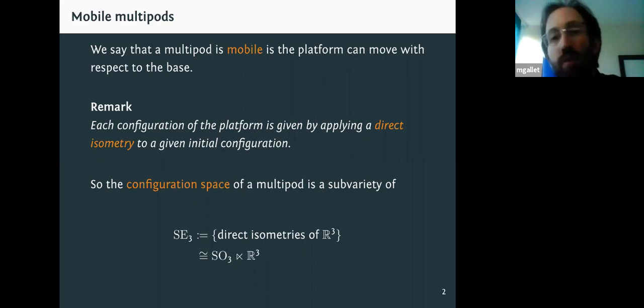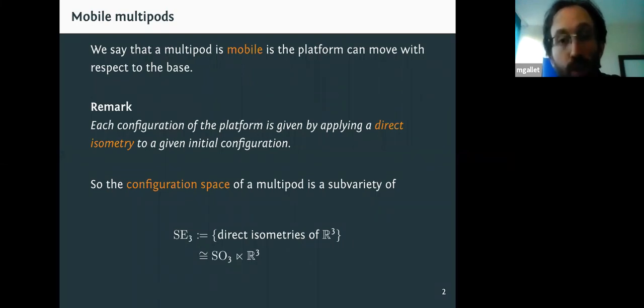In this way, every configuration is determined by a direct isometry. This is one of many possible ways of encoding a configuration of the pod. Another way could be, for example, storing the positions of all the platform points. But you will soon see why we like this way of encoding configurations.